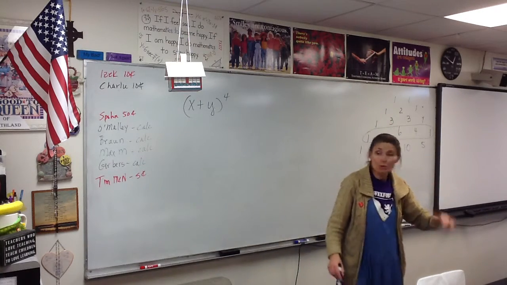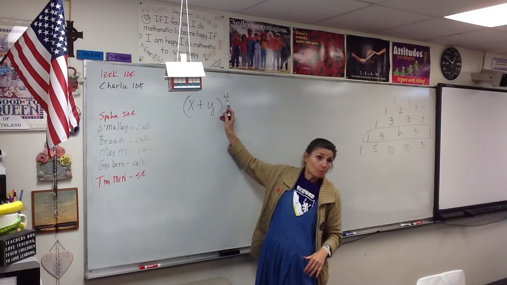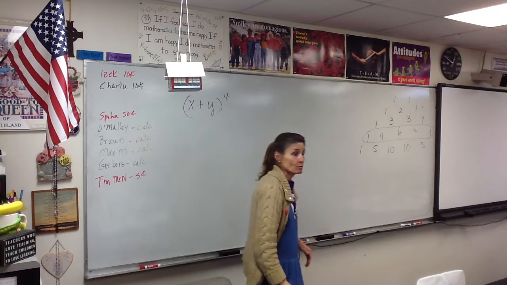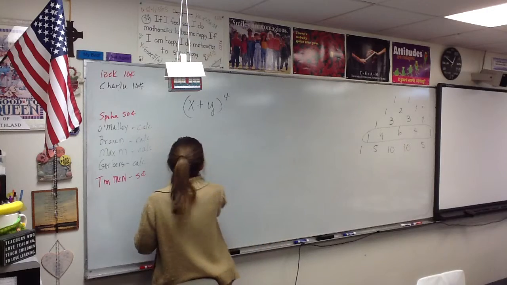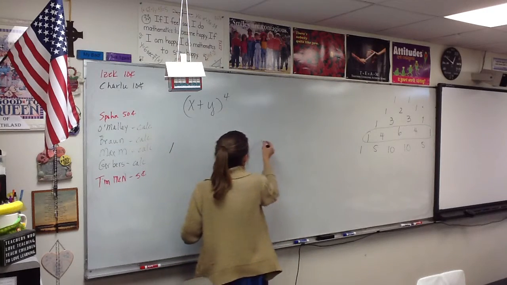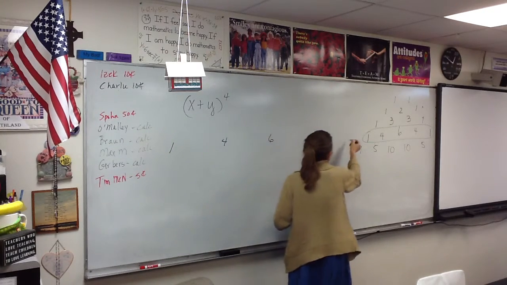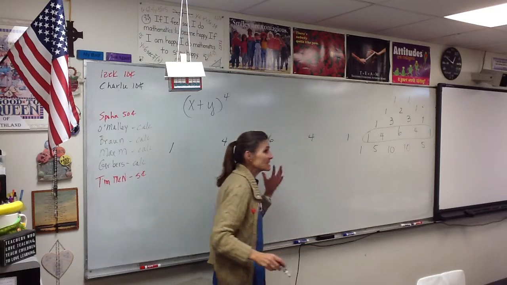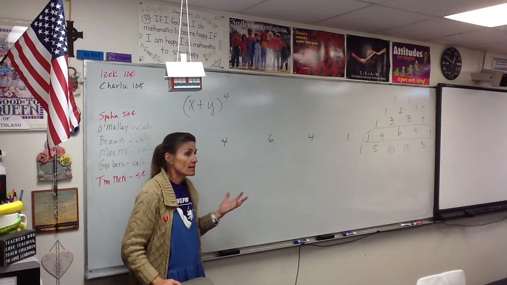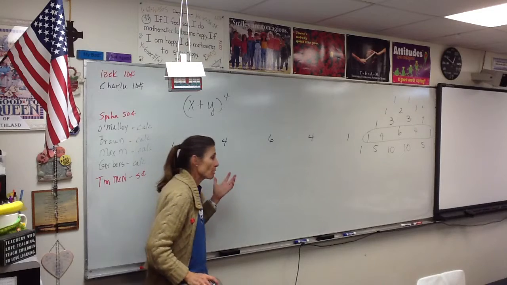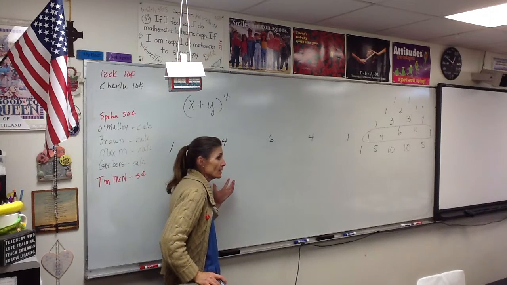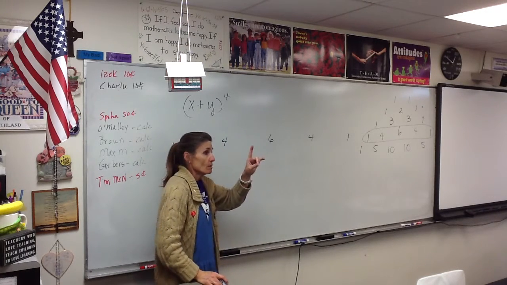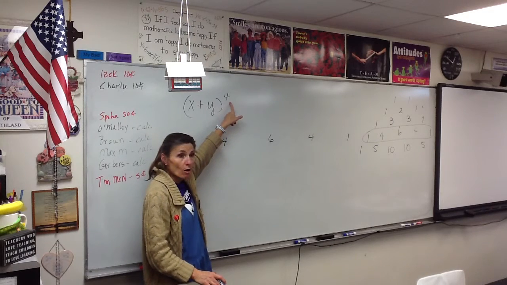Whatever power you are expanding to is the row you're going to use. So I'm just going to write down those numbers: a 1, a 4, a 6, a 4, and a 1. Now I spread those out because I want to have plenty of room. You don't need to spread them out quite as much as I did. But step 1, write down the 4th row of the triangle.